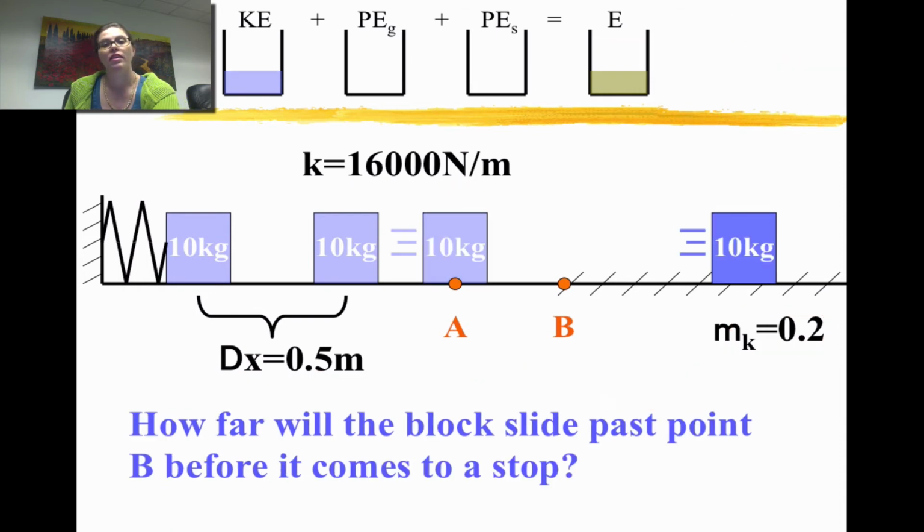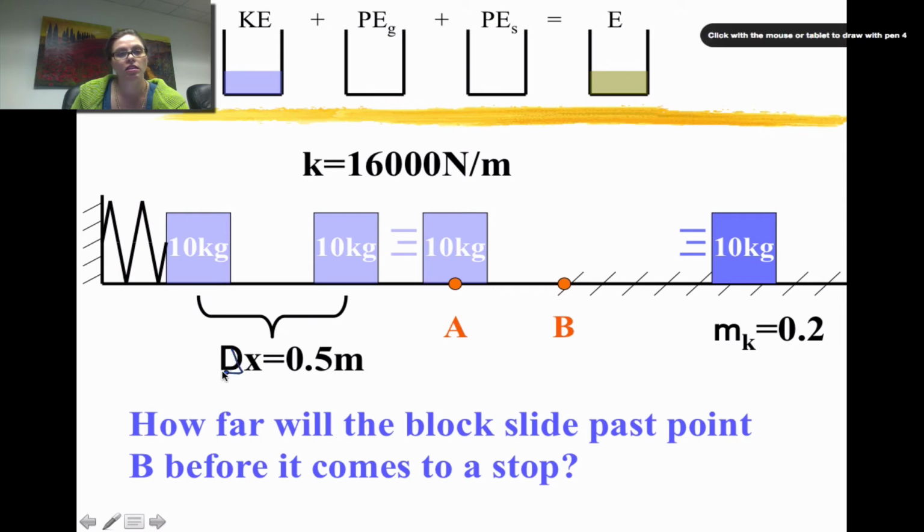Okay. So now, this is supposed to be a change. This is a change, and this is mu. Okay. How far will the block slide past B before it comes to a stop? So now we're sliding past B over here.